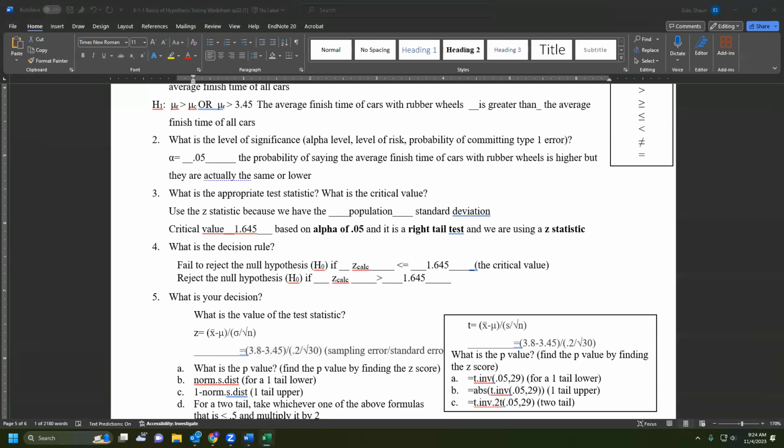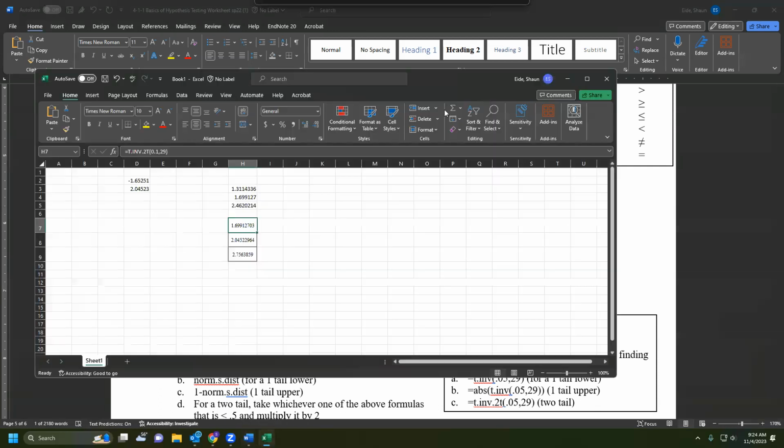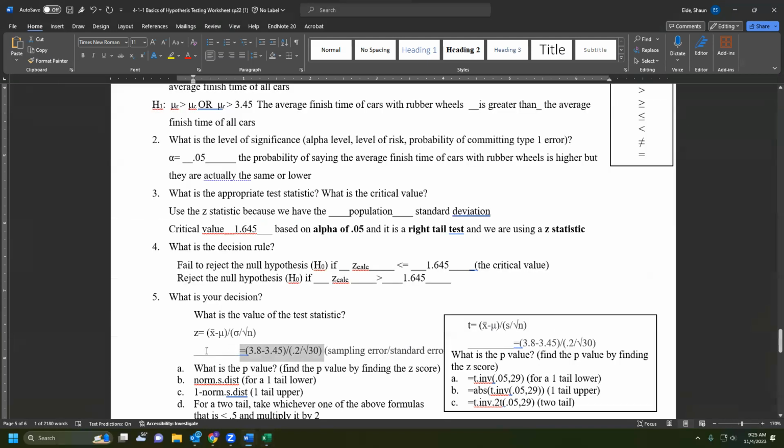Let's go to Excel. Okay, and then I've got to put a close parentheses right there. And that gives us a z calculated value of 9.585, which is very large. And the only difference is I put divided by square root.